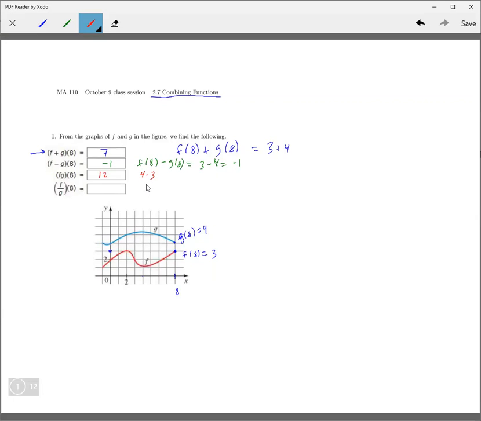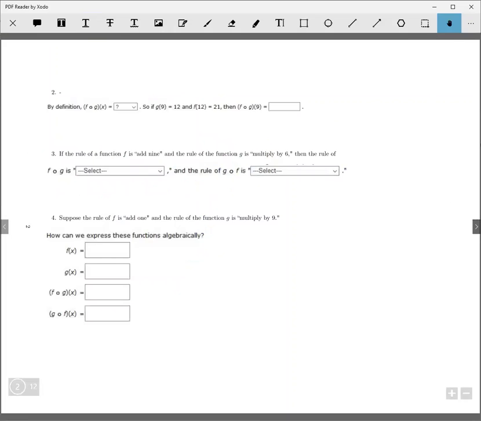And this is going to be, or this should be 3 times 4, but this is 3 over 4, because that's f of 8 over g of 8. And we determined that that's 3 and that's 4. So 3 over 4. Okay, that's the first exercise. Shouldn't be too bad.